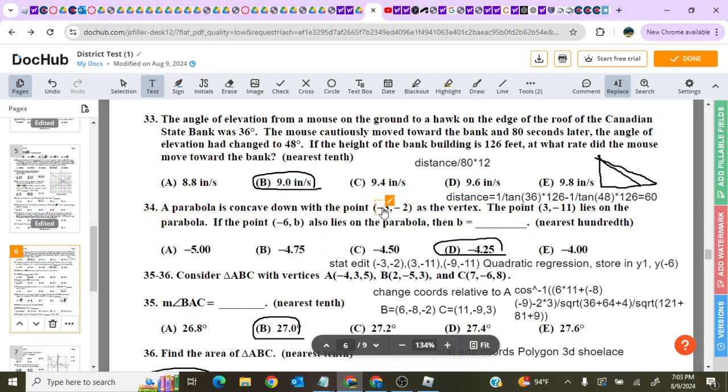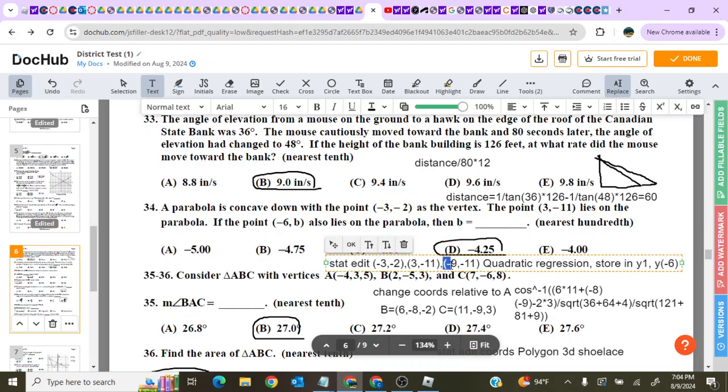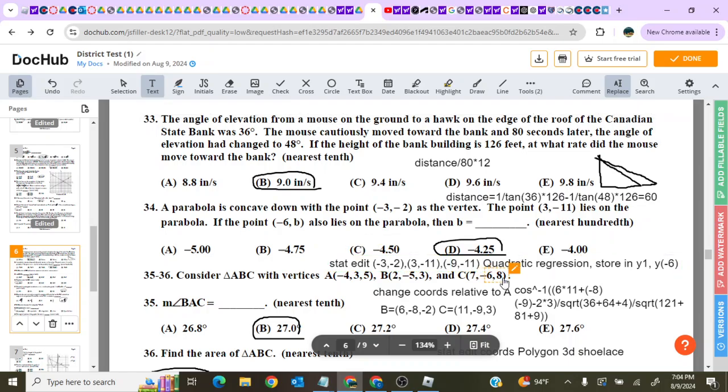In other words, the point at -3 plus 6 has to have the same y value as the point at -3 minus 6. In other words, the point -9, -11 is also on the quadratic. So then you use quadratic regression, store it in y1, and then take y1 of -6. And then you will see that you get a value of -4.25.